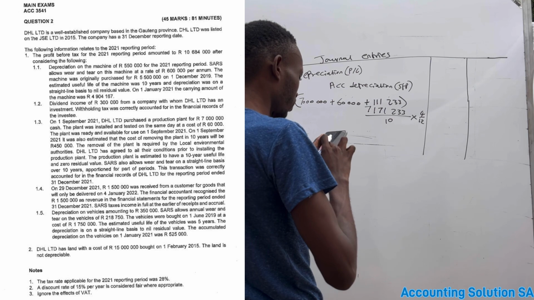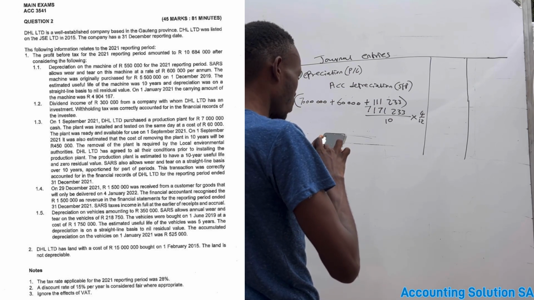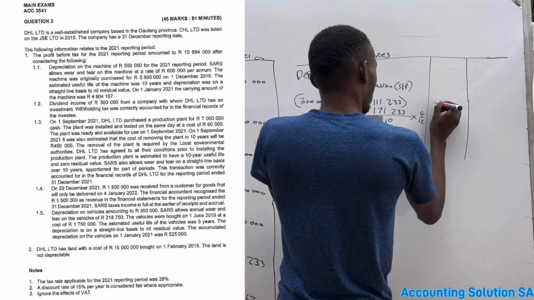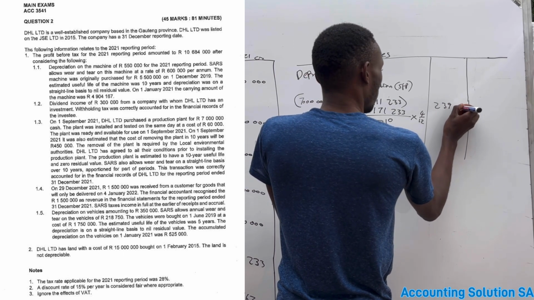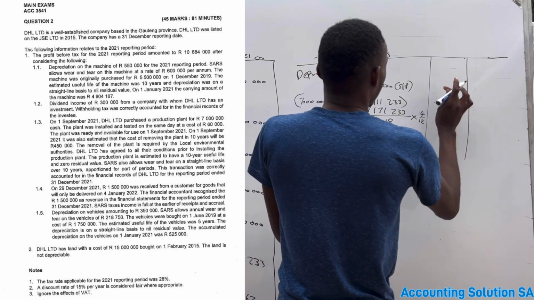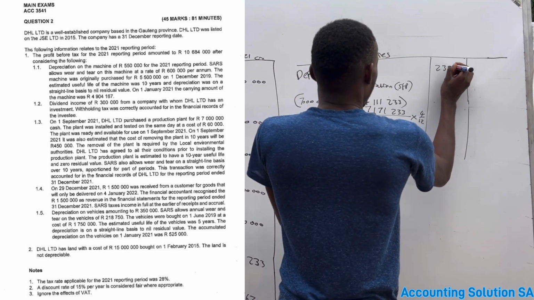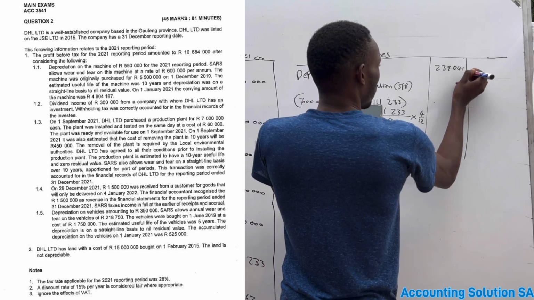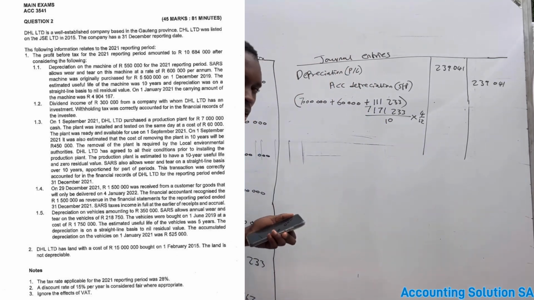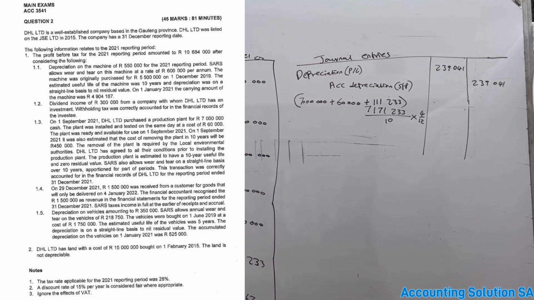Divide by 10, multiply by 4/12. Then it's going to give us 239,041. Just like that. Very simple.